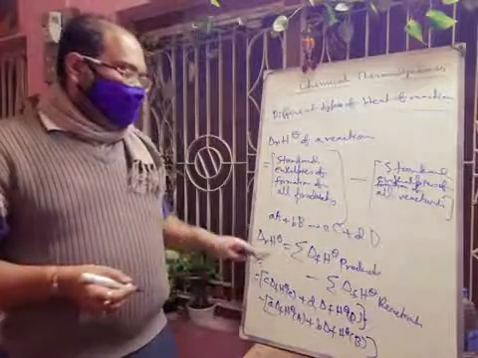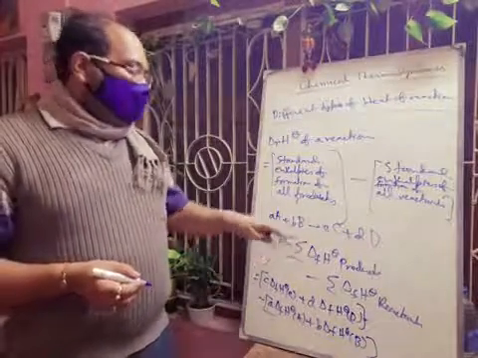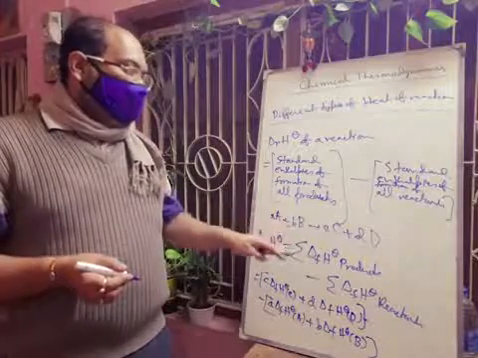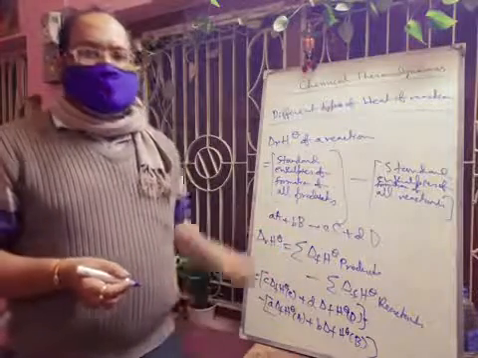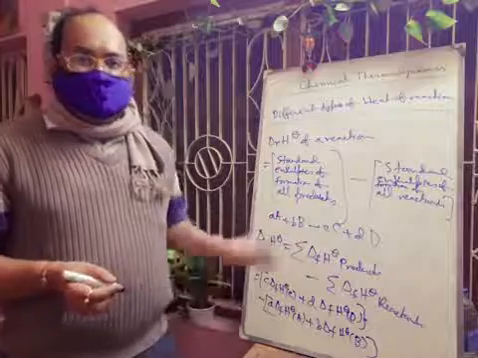So in this way, from the standard enthalpy of formation of product minus the standard enthalpy of formation of reactant, we can easily calculate the delta R H theta value.